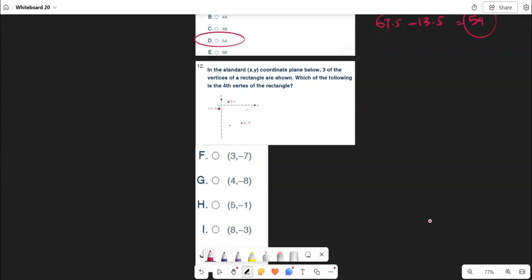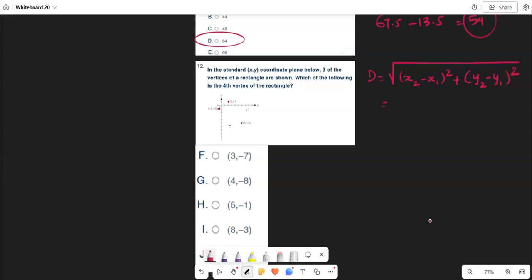What you need to know for these kinds of problems is the distance between 2 points. To find the distance between 2 points, d is equal to the square root of (x2 minus x1) the whole square plus (y2 minus y1) the whole square.